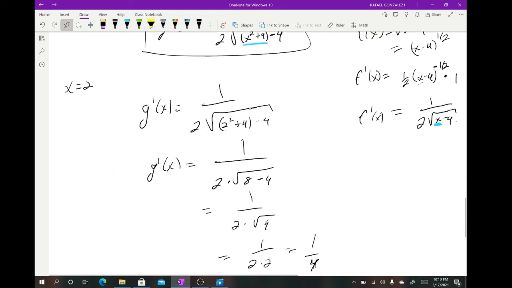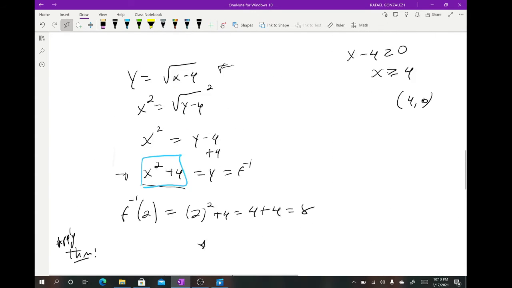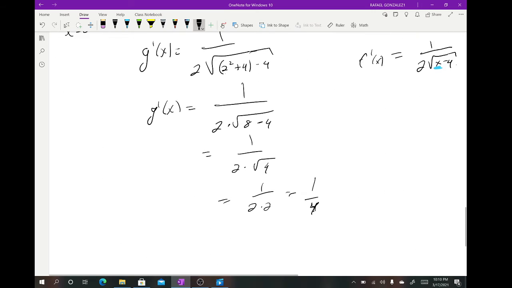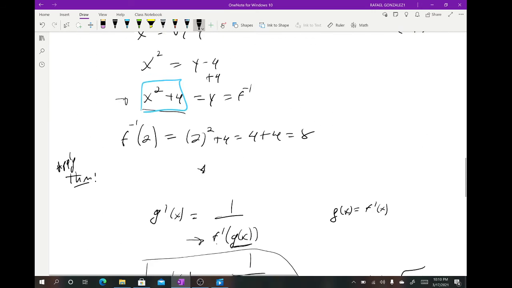So the derivative of f inverse for this particular function evaluated at 2 is equal to 1 over 4.